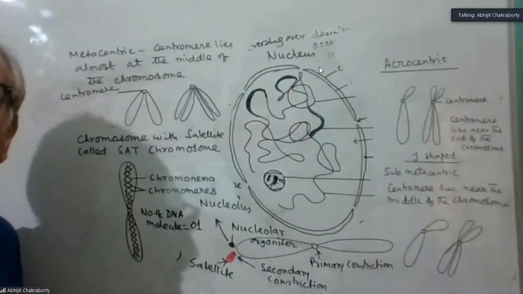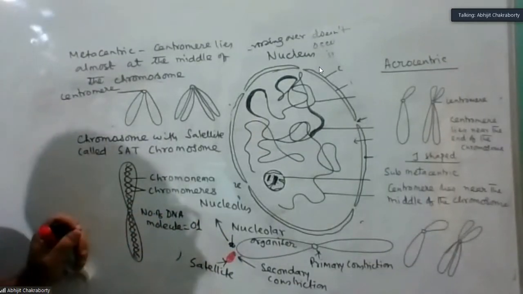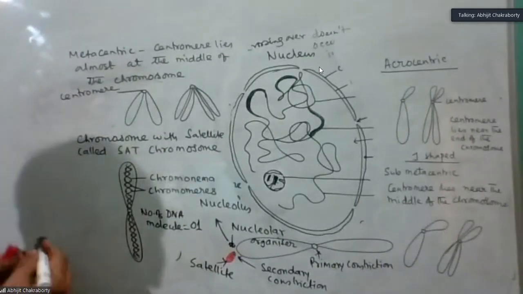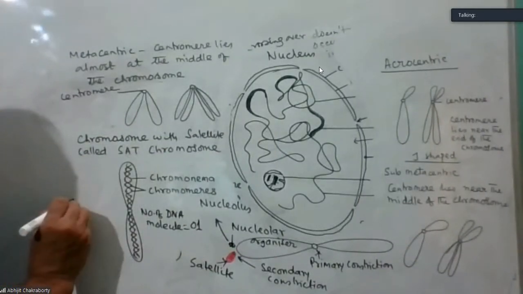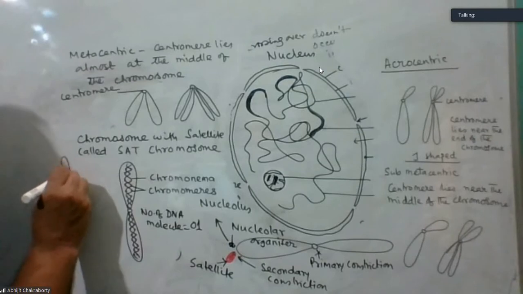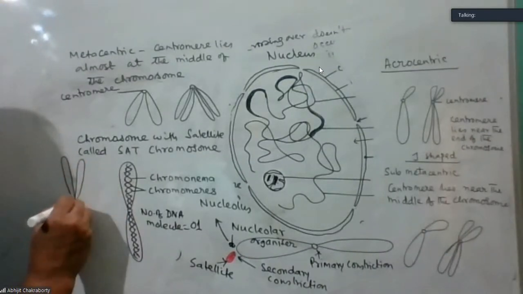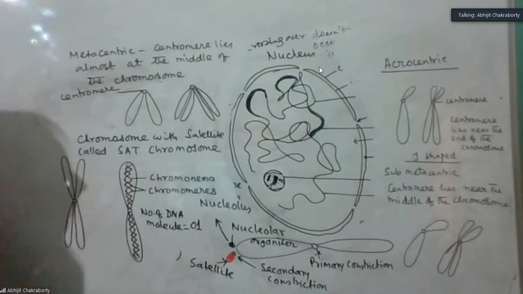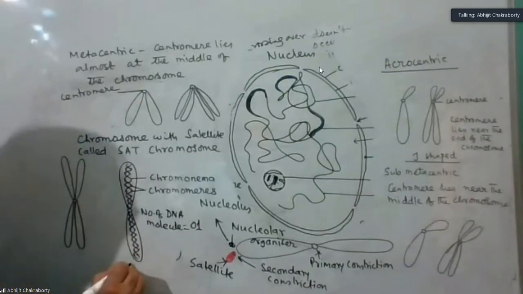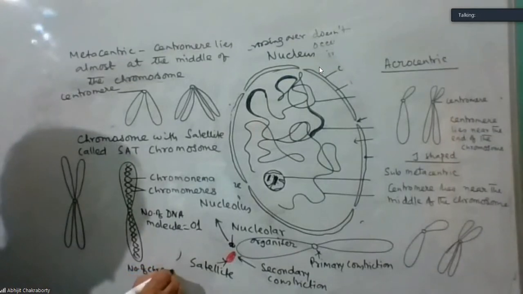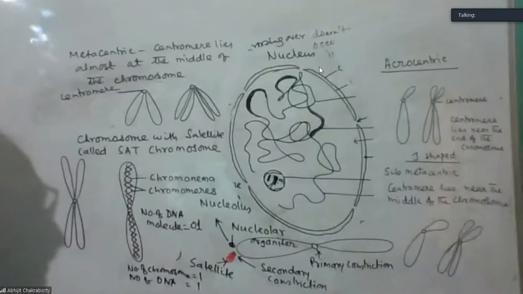How many DNA are there here? One DNA. Now if we draw the drawing this way, because this idea is very much required for cell division. So number of chromosome, one. Number of DNA, one.